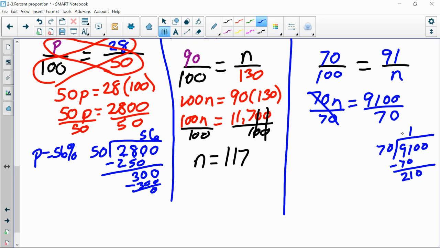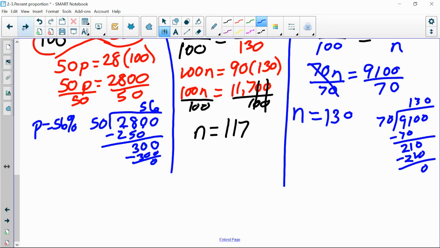Okay, then if I was to multiply 70 times 3, I would get this exact same number. Then we have zeros left over. So n equals 130. Okay, so that's where you just need to make sure, hey, does it make sense? Okay, so look at your original proportion and make sure that your answer makes sense.